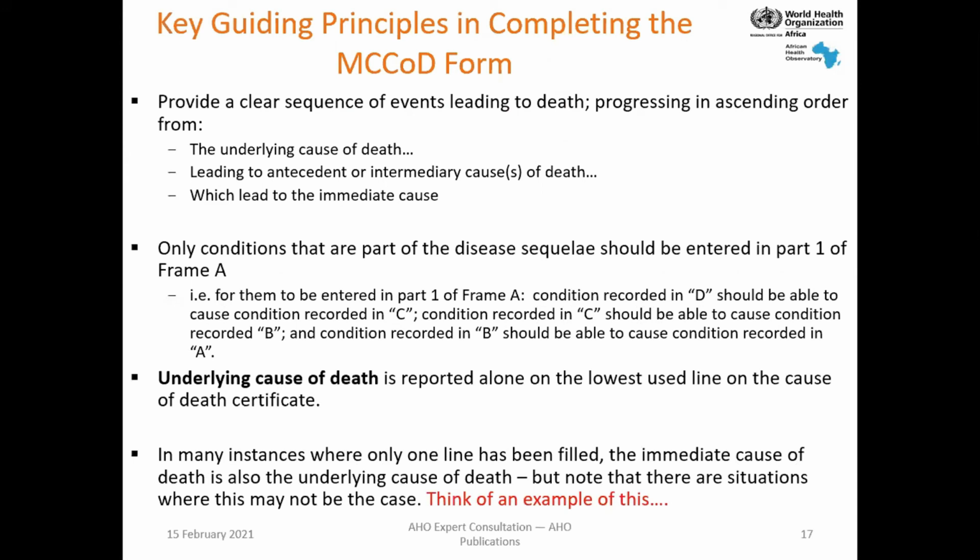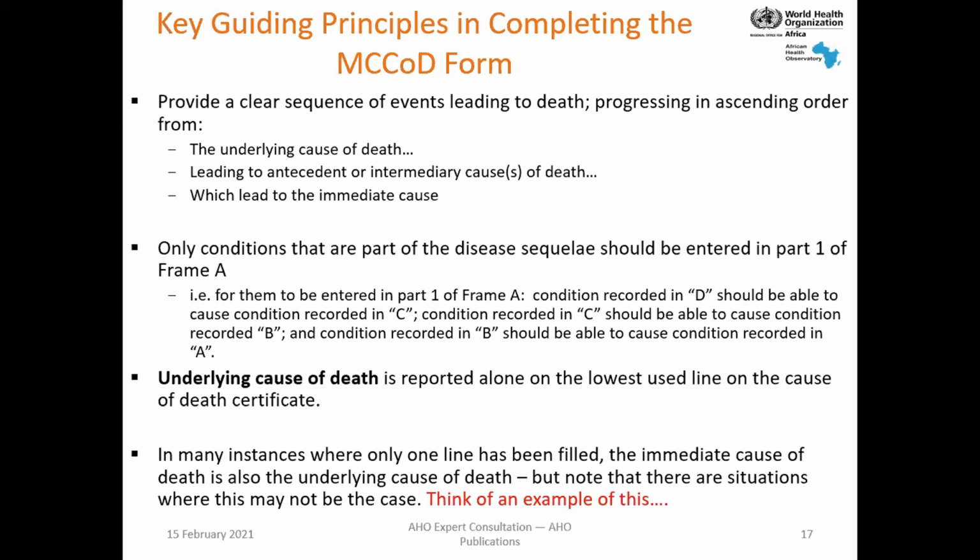I already gave an example of this, of a mother who died of severe hemorrhage and somebody just writes severe hemorrhage and stops there. Naturally, that will be the underlying and also immediate cause, but in this case, it will not be. Now, I want to go back to my second bullet point on conditions that are part of the disease sequence.